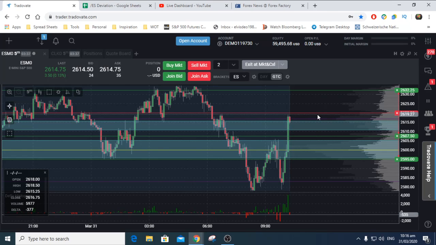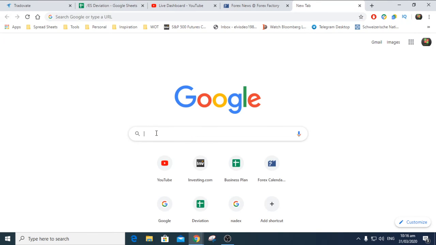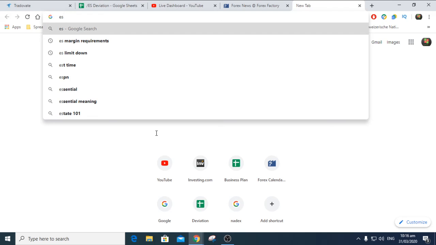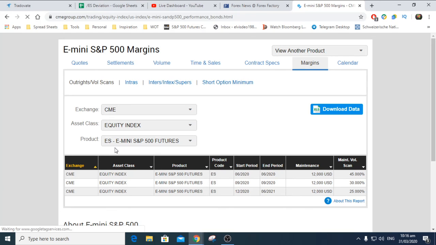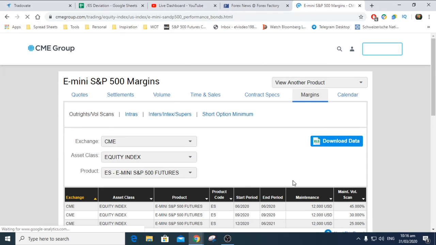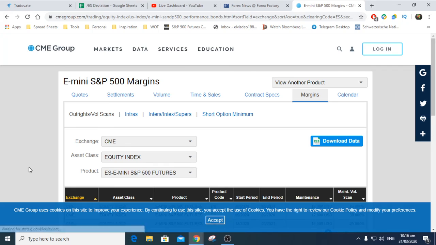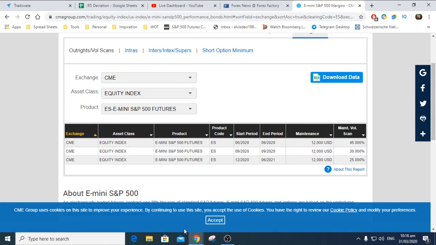Yeah, it cost $12,000 of margin. Margin requirement. Yes, we really want to accept. We would have to. That's ridiculous.